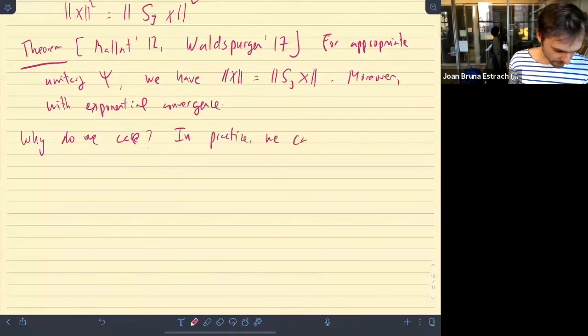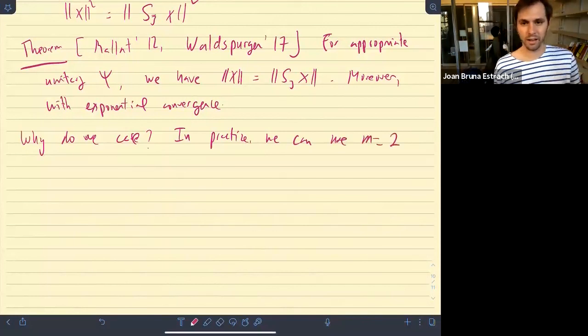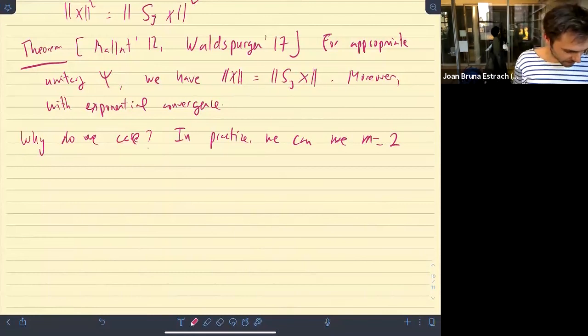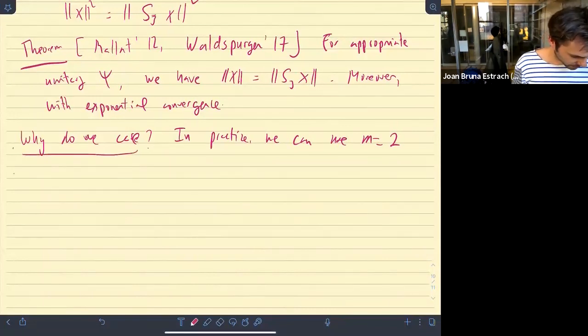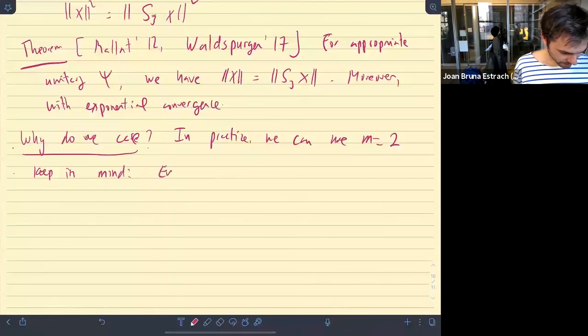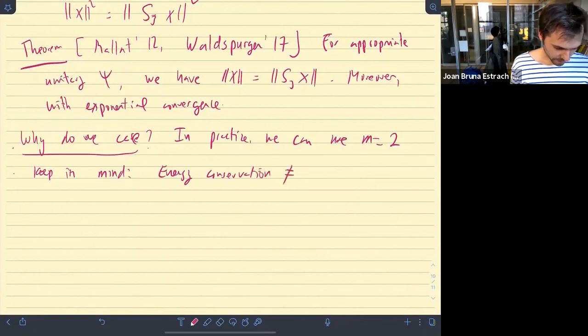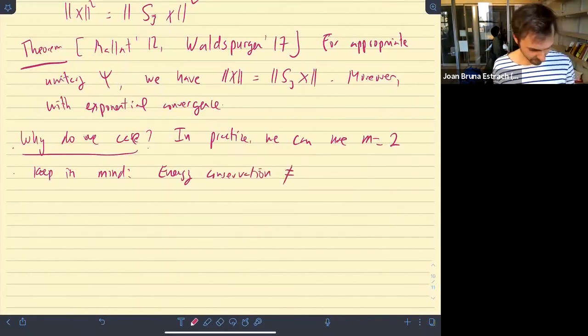In practice we can use a small m, which is the kind of choice we use in all the applications. This means you're already capturing most of the energy of the signal. But there is of course one aspect to keep in mind: energy conservation is not the same as preserving information.